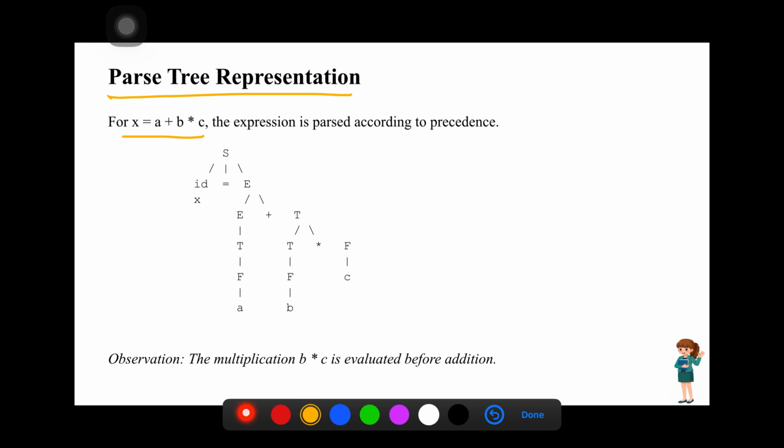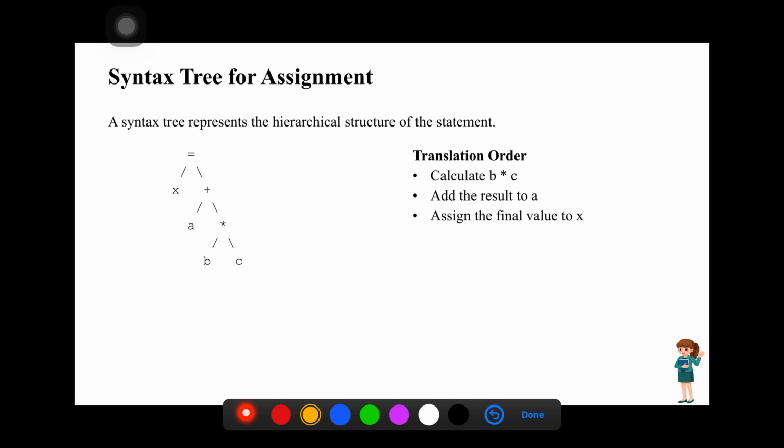This represents the fact that B into C must be evaluated before A plus the result. Therefore, the parse tree helps the compiler to understand the correct structure and order of operations. The observation is the multiplication B into C is evaluated before the addition.